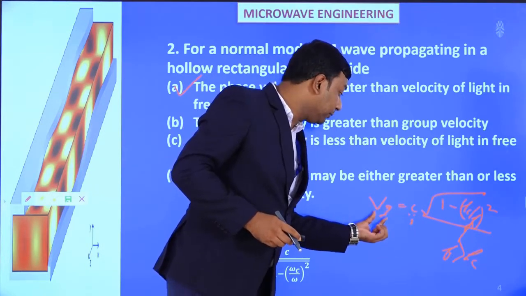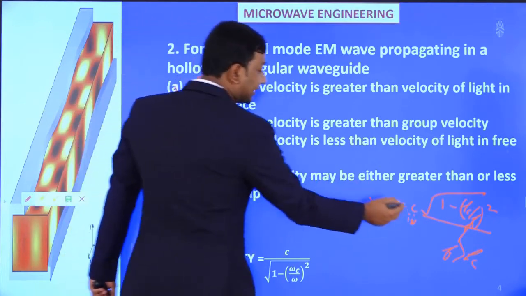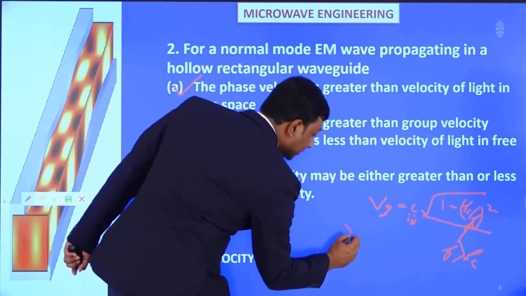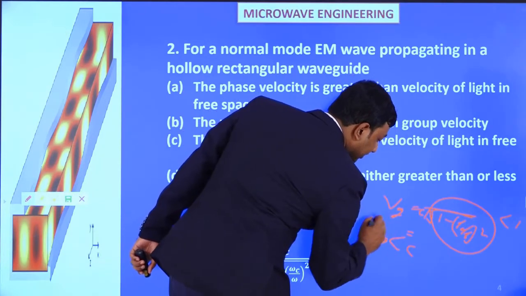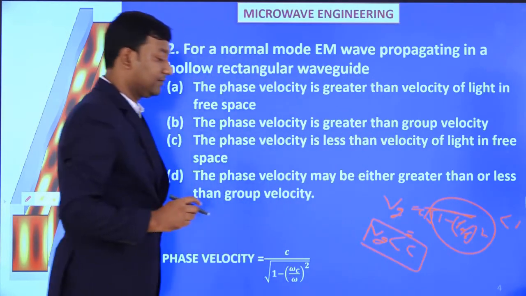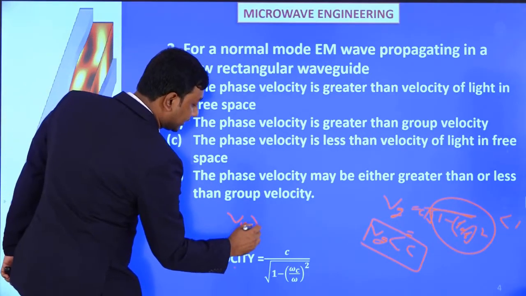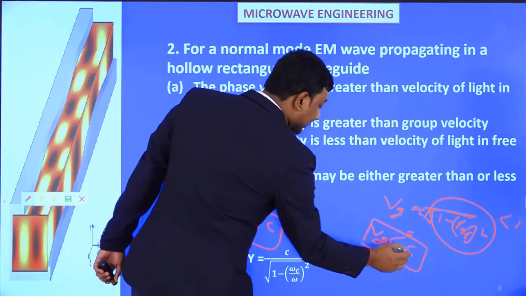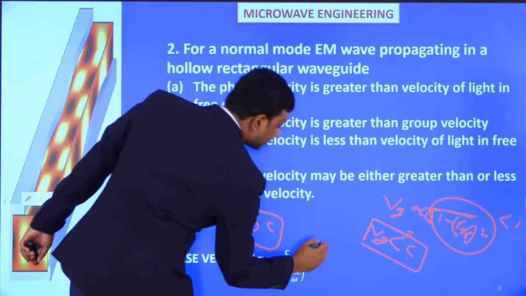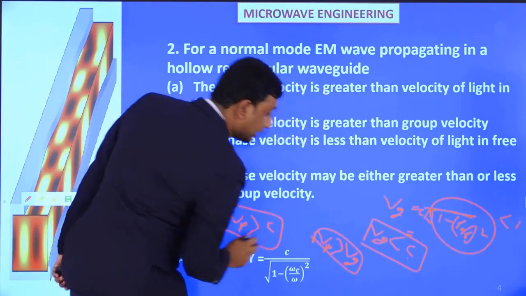Earlier we found the phase velocity is always greater than c, and vg is always less than c. So we can say that vp is always greater than vg from these two equations.